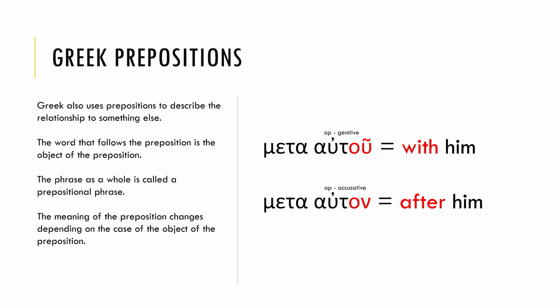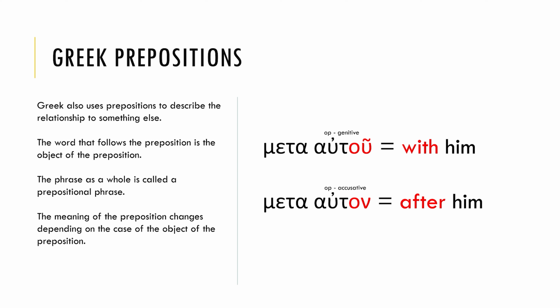They're the exact same words, and yet they mean something different. The reason is because in Greek, if you attach a preposition to a word that is different in case, the case will affect the meaning of the preposition. So μετά with a genitive means with, and μετά with an accusative means after.